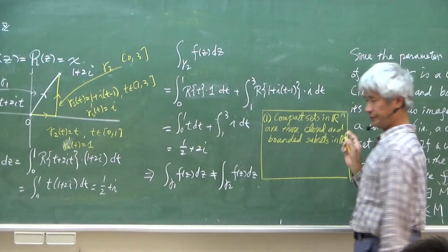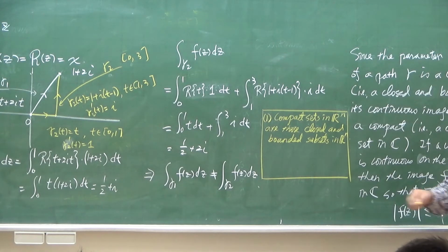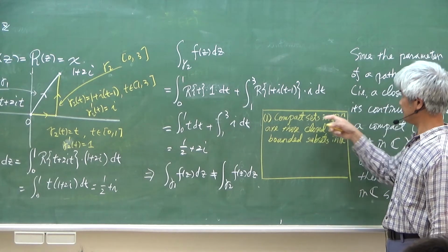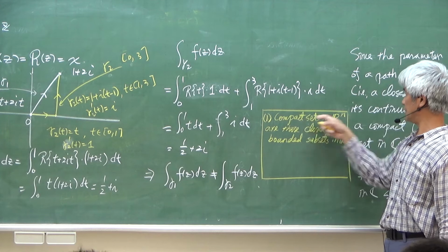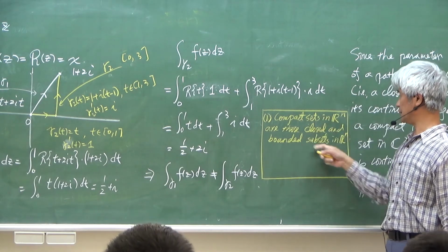In the first part, you have to know a very useful fact. Right? So in Rn, when we mention a compact set, it means just a closed and bounded set.